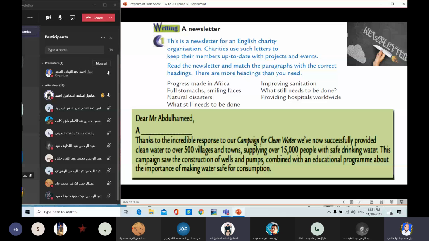Here, taking care of basic health, drilling wells to get clean fresh water. So here the concern is sanitation and drainage. Very good. So improving sanitation. Good. Now read the second paragraph and choose the suitable heading for it.